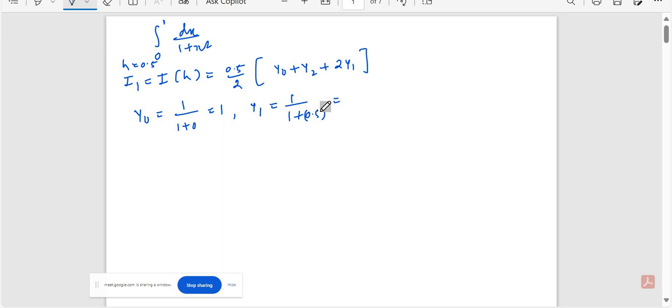Now tell me what is the answer of this one? 0.8. And y2 will be 1 upon 1 plus 1 square, so 1 by 2, that will be 0.5.